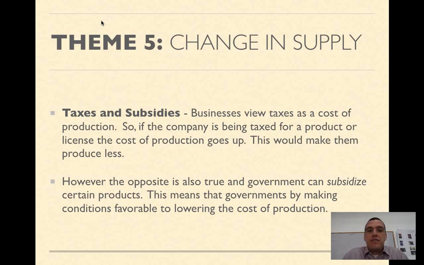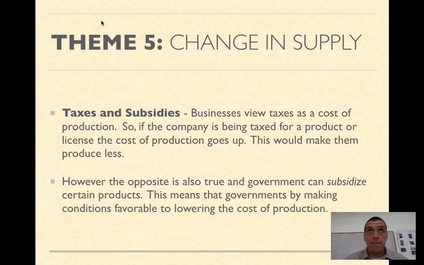Maybe the United States is going to tax you because you're a foreign company. This would make your cost of production go up and make you produce less of the car within the United States, let's say. Also, again, this is a repeating theme, the opposite is also true. The less a company is taxed, the more productive they will be and the more they can supply.